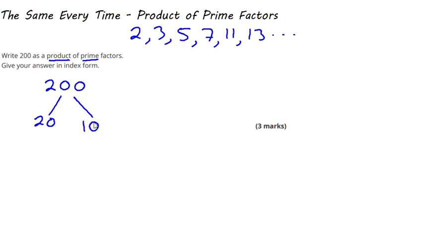Now, if I get any prime numbers at the end of my branches, then I have to circle them and that branch is finished. But 20 and 10 are not prime numbers. So I need to think of 2 numbers that multiply to make 20. Again, maybe 2 times 10 is the most obvious. 2 numbers that multiply to make 10, 2 times 5.